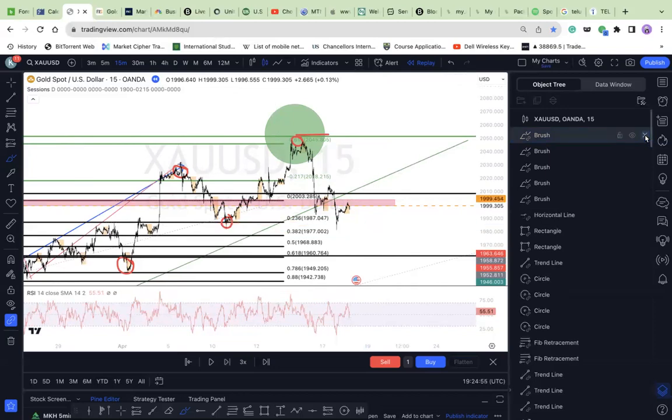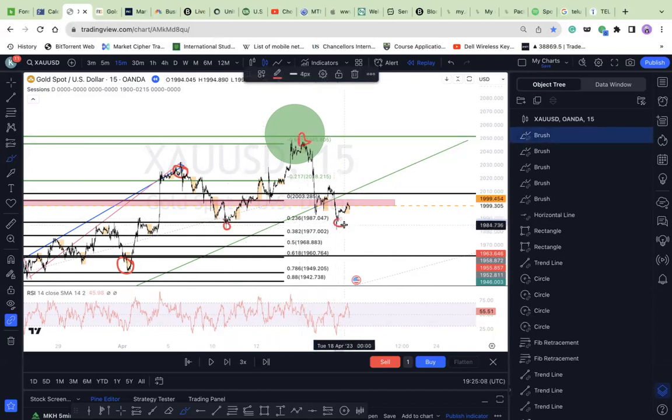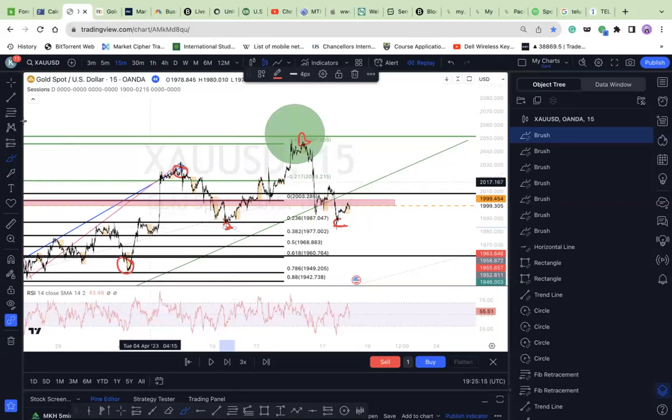So what we'll do is we'll change our inception points now. This becomes our point A, this becomes our point B, and this becomes our point C. Because this point C couldn't break below this point A, we expect to go up again.